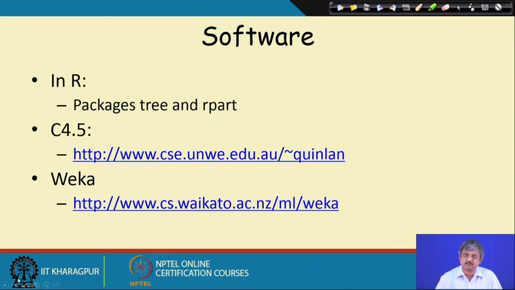C 4.5 is popular, Weka is a machine learning toolbox which you can use, and R has all the decision tree algorithms. With this, I close my discussion on decision trees. In our next lecture, we will go to other algorithms for classification. Thank you for today.